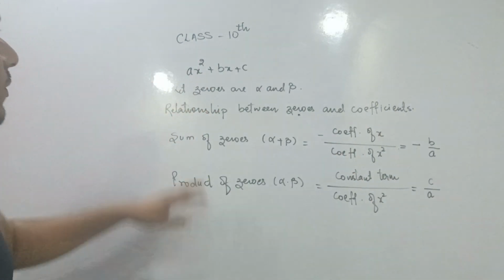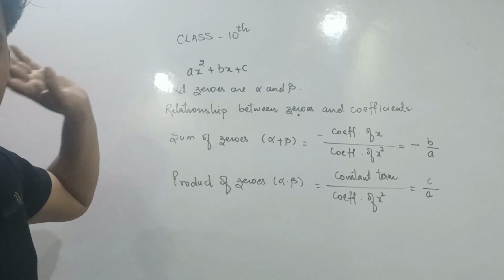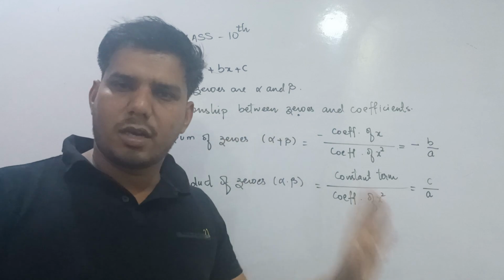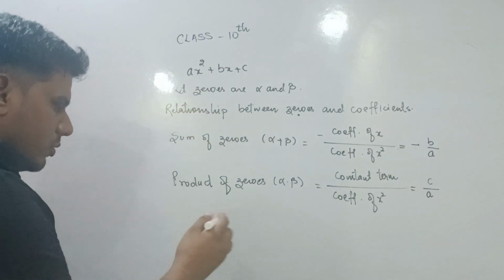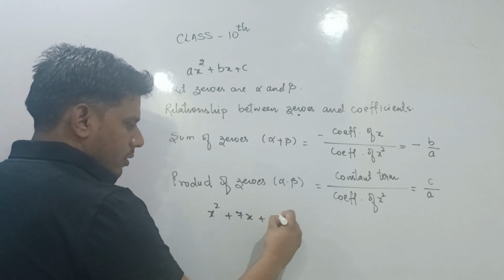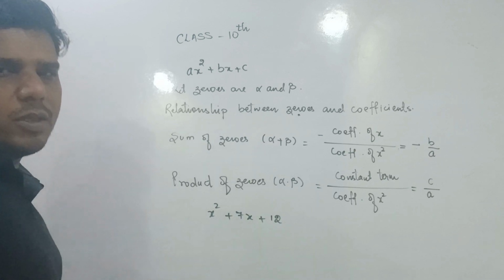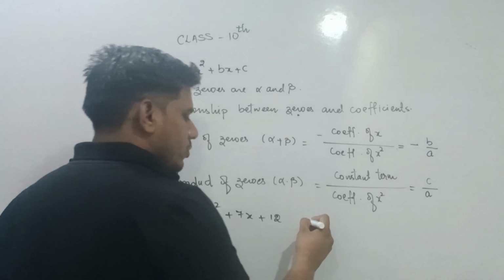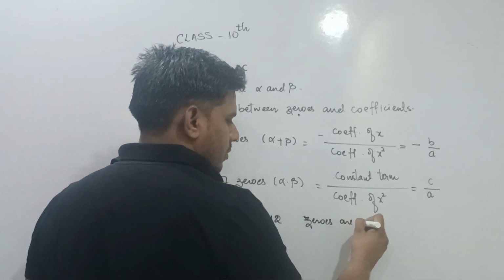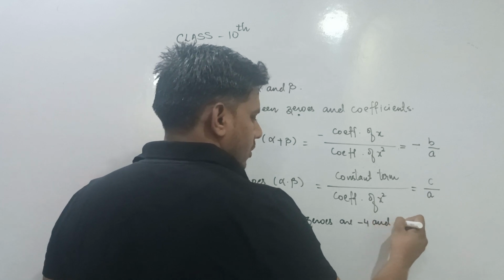Now if we are given any quadratic polynomial, we can check these relations. Like in the last question we have x square plus 7x plus 12. We have already found the zeros of this polynomial, and zeros are minus 4 and minus 3.